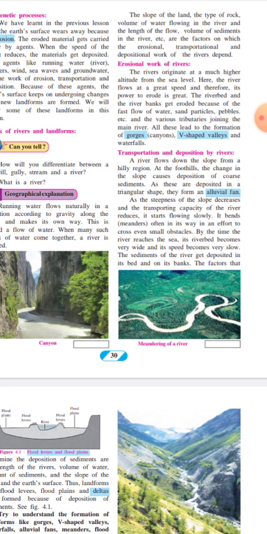Understood? So sometimes what happens, if some obstacle is there in the course of the journey of the river, then they start flowing very slowly because of that obstacle. Suddenly during the rainfall season, during heavy rainfall time, the flow in the river is very much, and they start flowing above the obstacle.